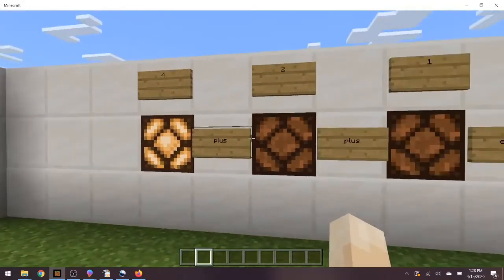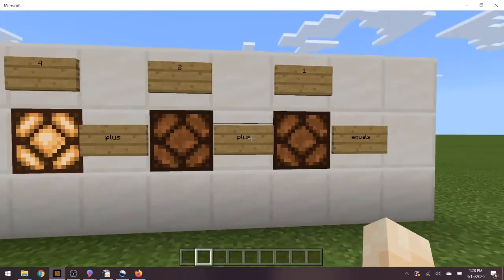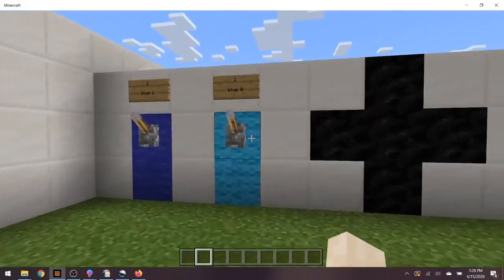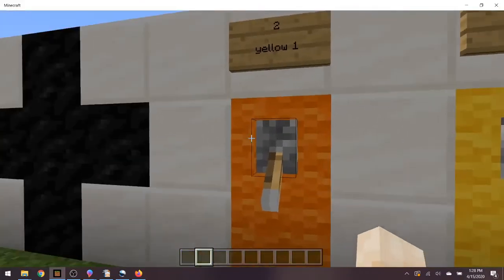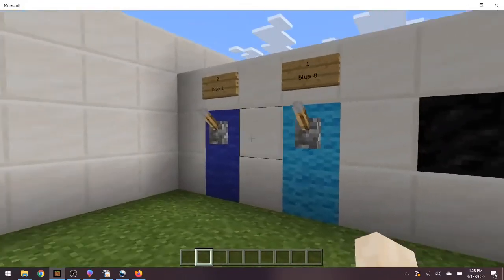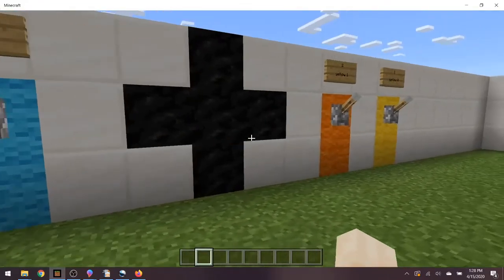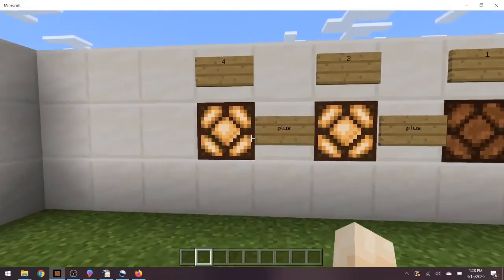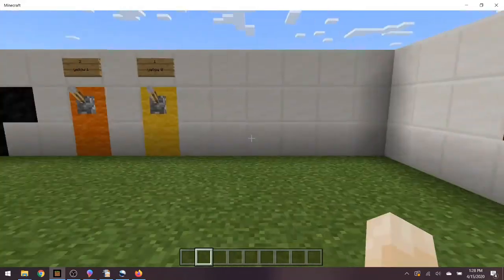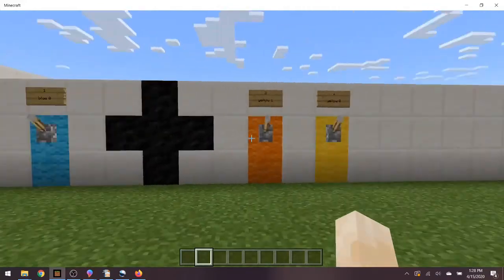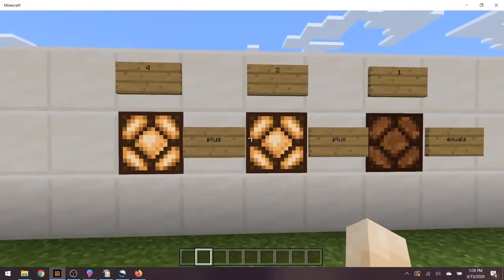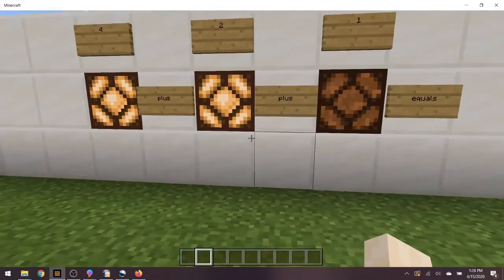So this would be like 1, 0, 0 in binary. And so if I turn all of them on, now I've got 1, 1 plus 1, 1 gives me 1, 1, 0. Or in other words, 3 plus 3 gives me 6. Okay?